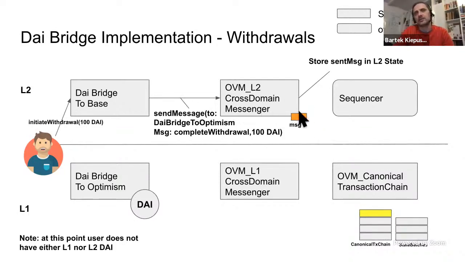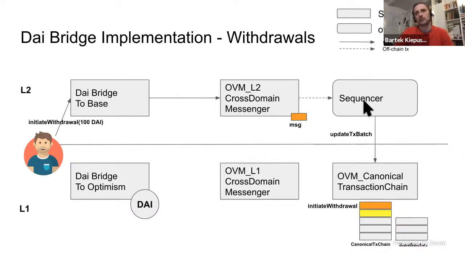They don't even need to issue any event or anything like that. It's enough to simply update the state, because this initiate withdrawal will eventually be put into the update transaction batch, right? So this initiate withdrawal will end up in the canonical transaction chain. Then the state, including this little message here, will be appended to L1.